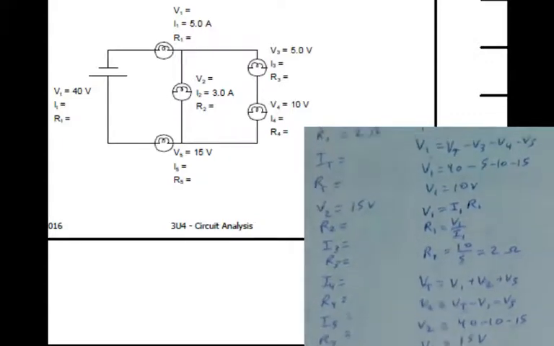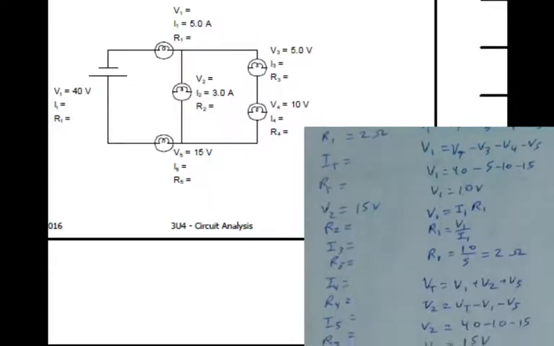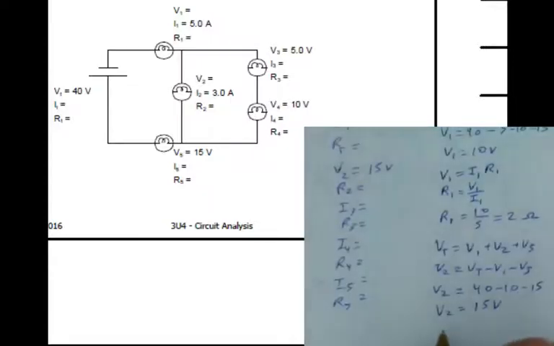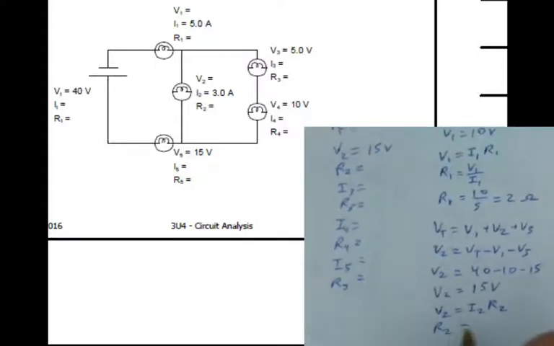Now let's use Ohm's law to solve for what's remaining for our resistor 2, which is the resistance. R2 equals V2 over I2.